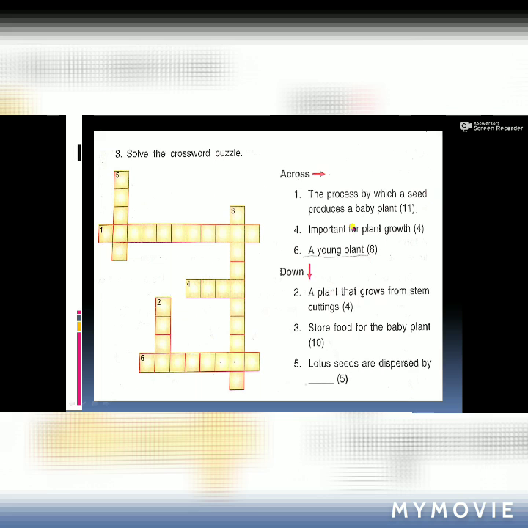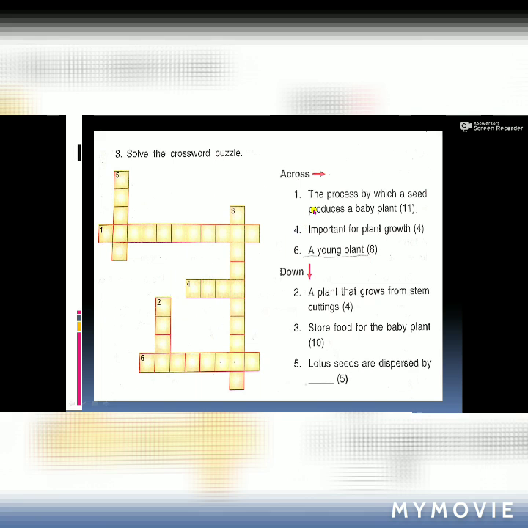First is given to you, starting from here, number 1. Count the number of boxes. Across means these lines. Number 1, 4 and 6 are across.